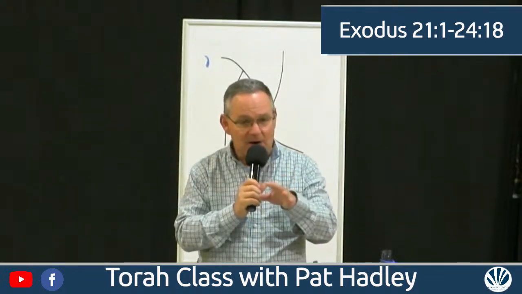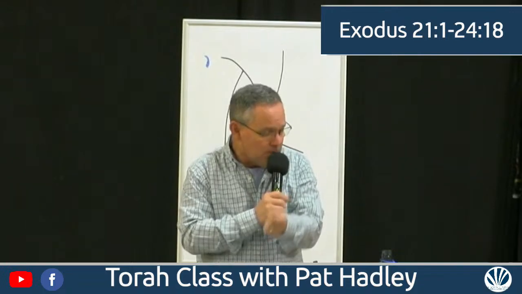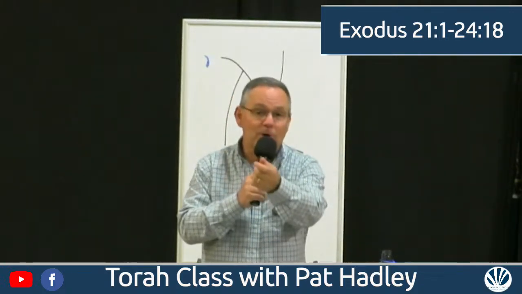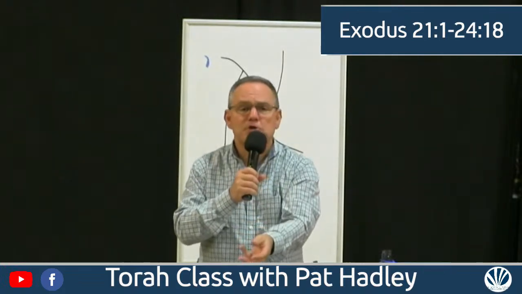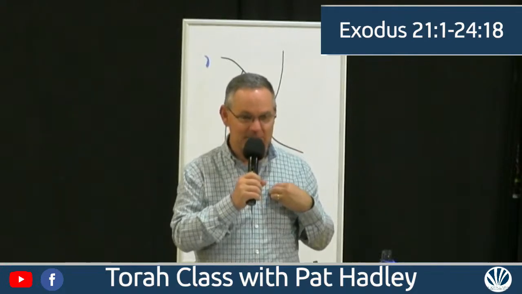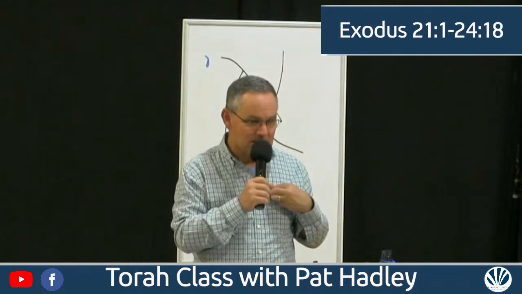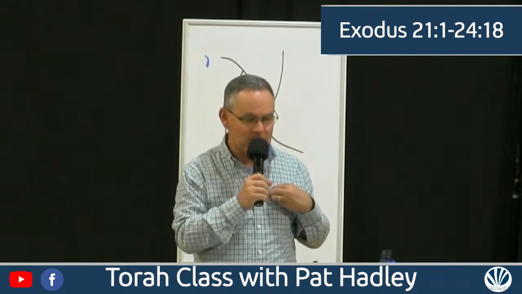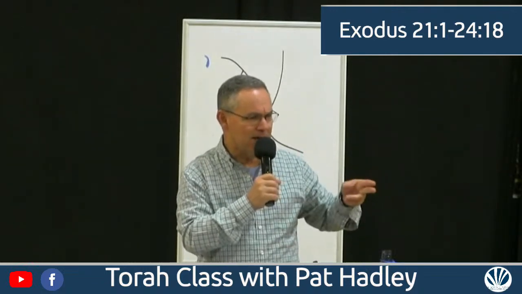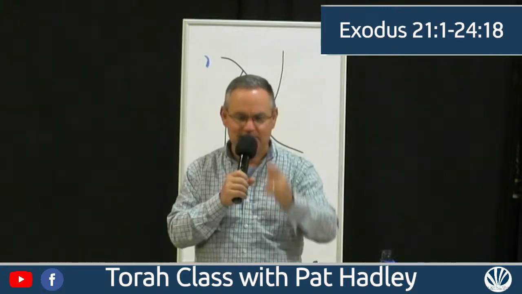So that means there are going to be instructions in this book of the law, of the Torah, of the covenant, that we're going to need to translate into our day. What does that mean in our day? You know, if your ox gores your neighbor, and your neighbor dies, then your ox has got to die.